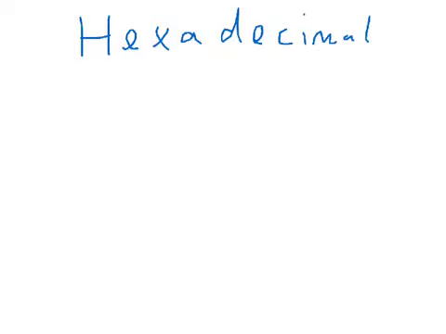Now, besides the decimal system, the hexadecimal system has a base of 16. Hexa means 16. Unfortunately there are only 10 different numbers, 0 to 9, so what you do is you just use characters instead.